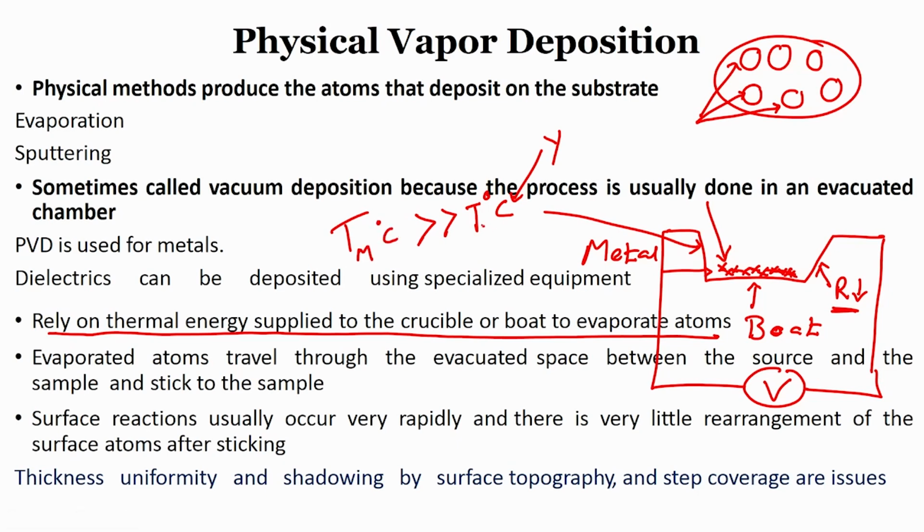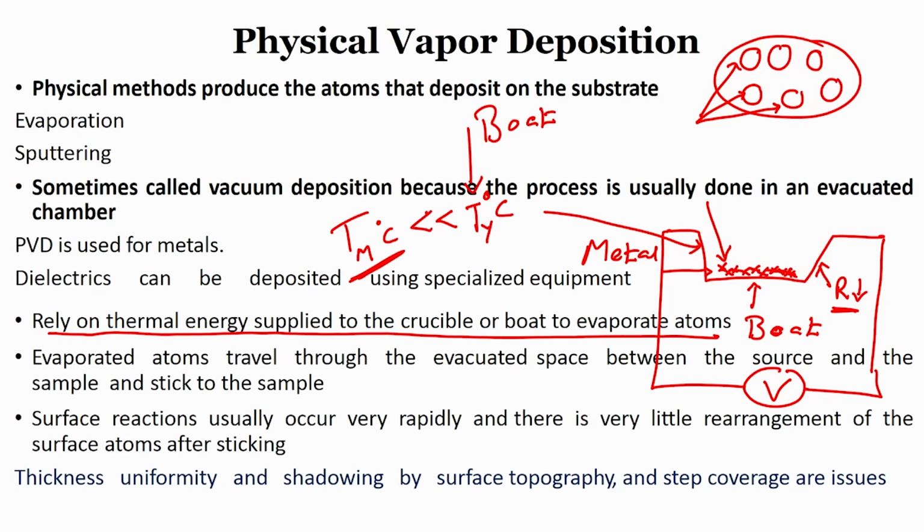If the temperature of the boat is way higher than the temperature of the metal, what will happen?